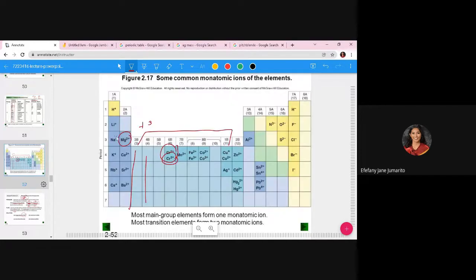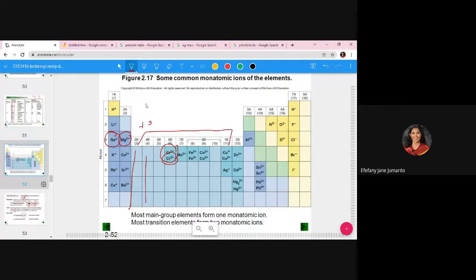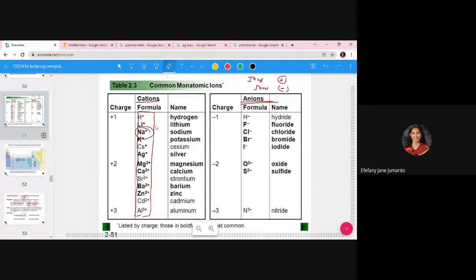The charges of your cations are still the same as the charges you see on your periodic table. So you should memorize these, so you know them in order for you to really name. You have memorized these before.